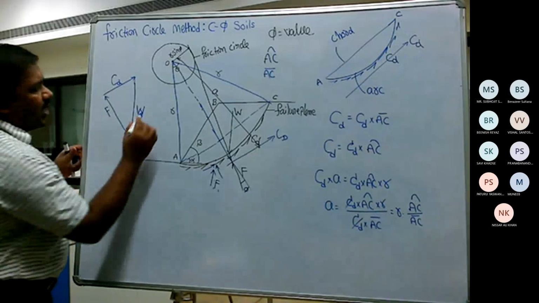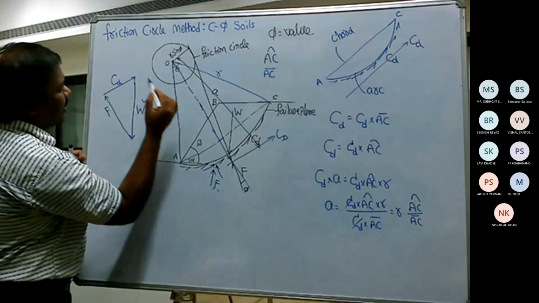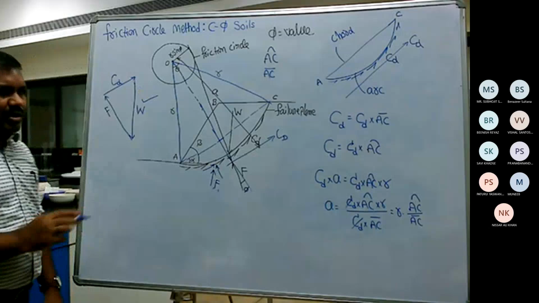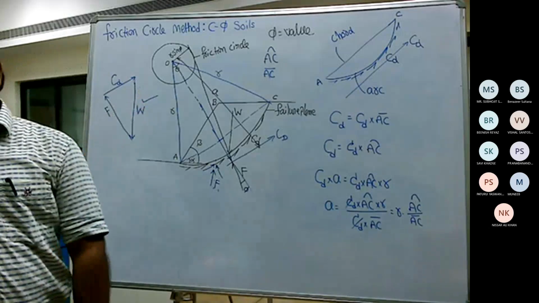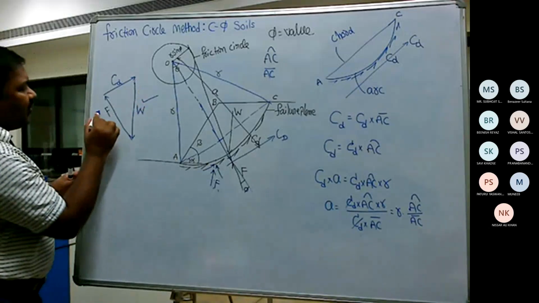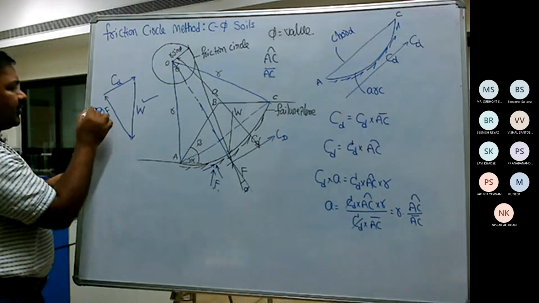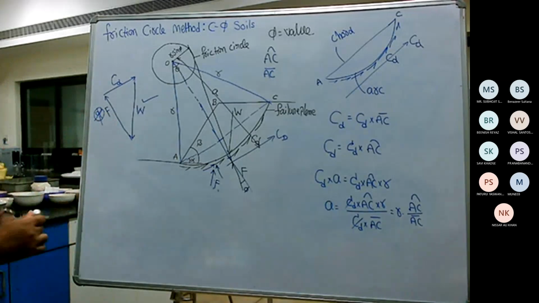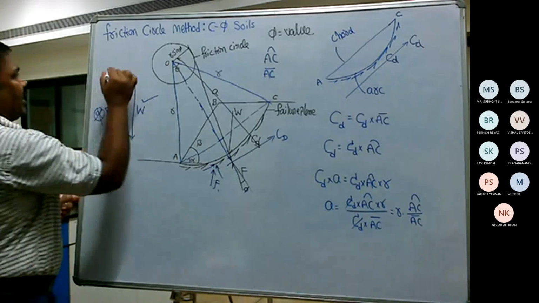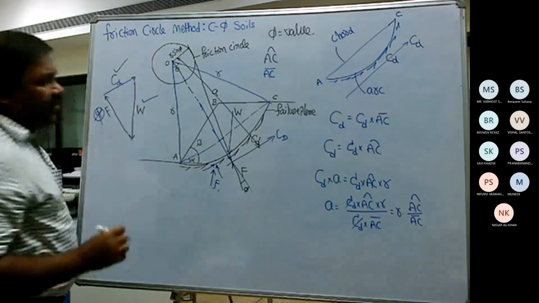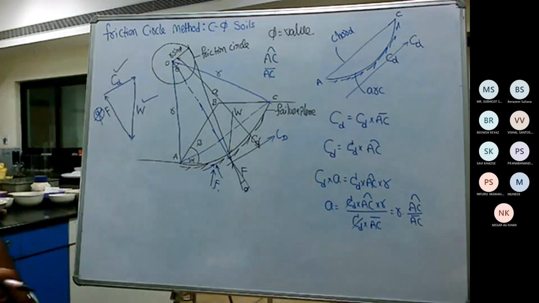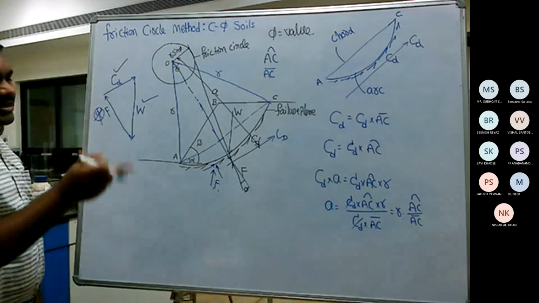Now I can determine the weight of the soil mass, but it is a little difficult to determine the F component. But look at another term, CD, that is the unit cohesion or the resultant cohesion.